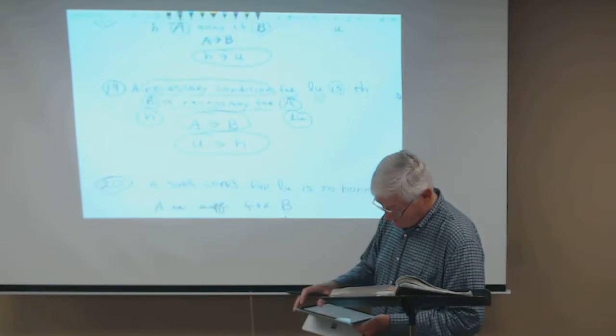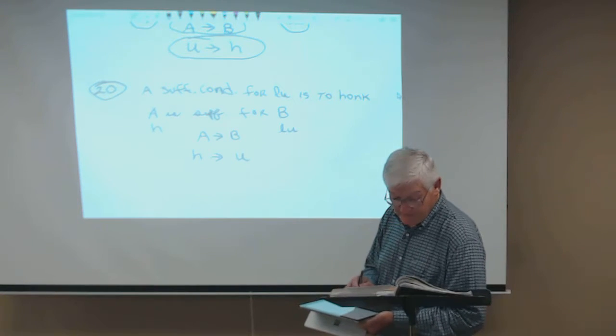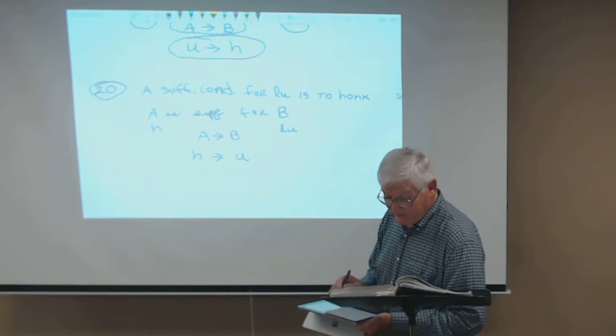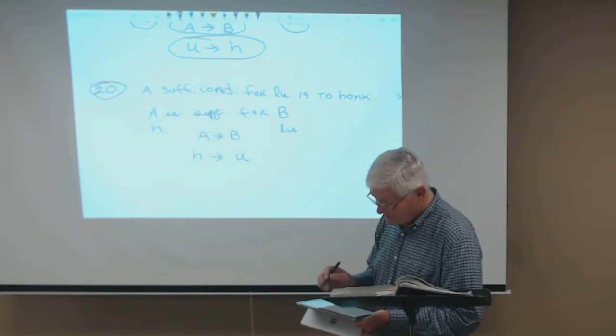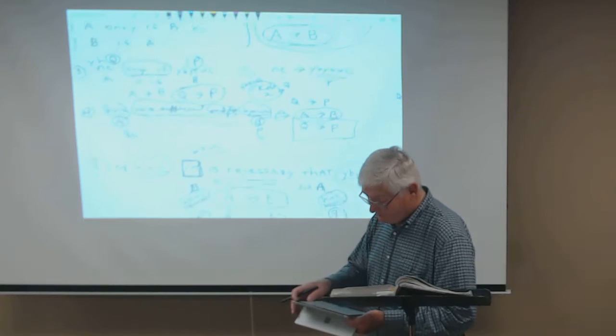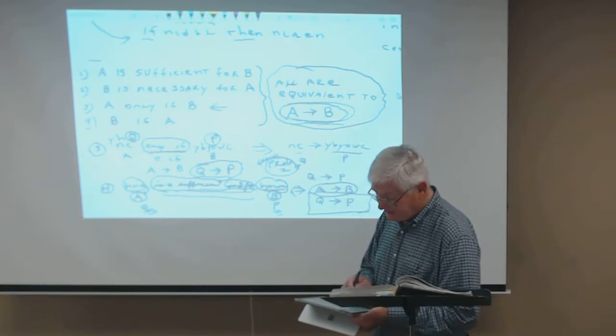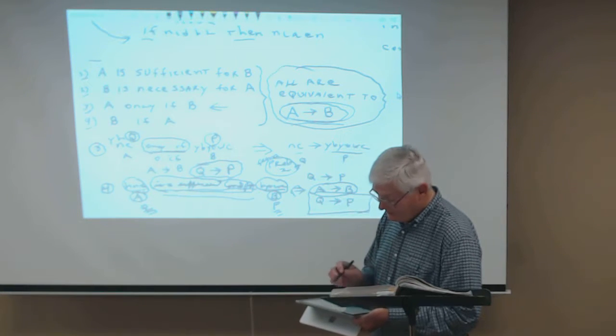Number 20. A sufficient condition for loving ultimate is to honk. Back up to the chart. Which sentence is A is sufficient for B? Number 1.